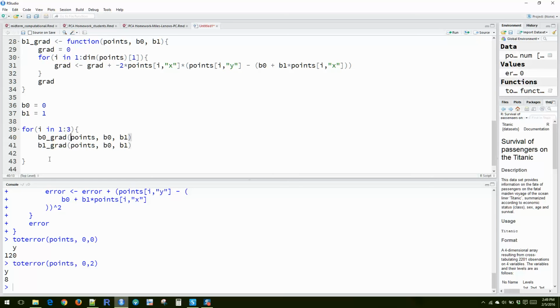And so I'm going to call this b0 step and b1 step. Actually, I'm sorry, I need to set an alpha, right? A step parameter. So I'm just going to use 1 for now. Okay?